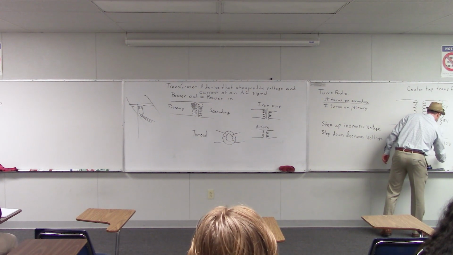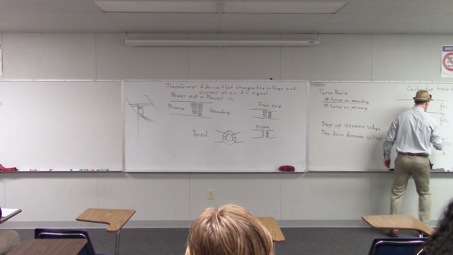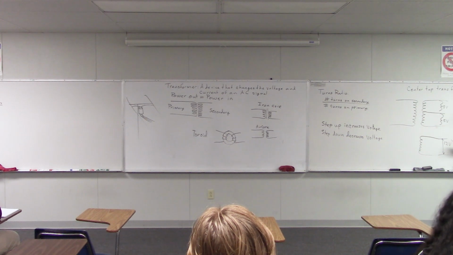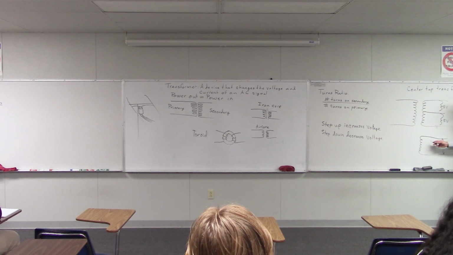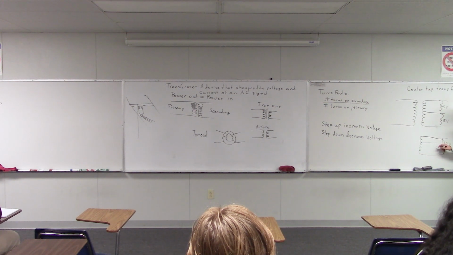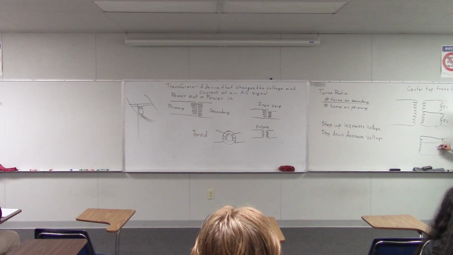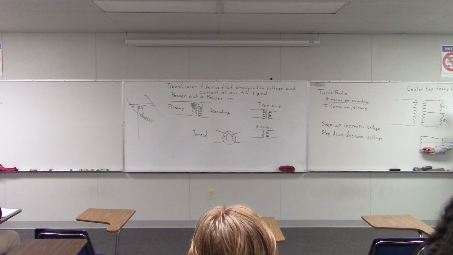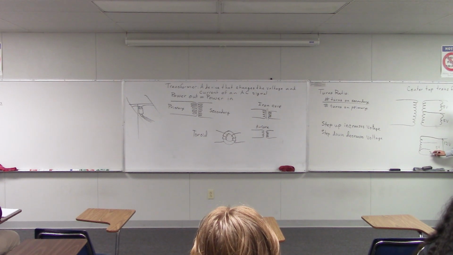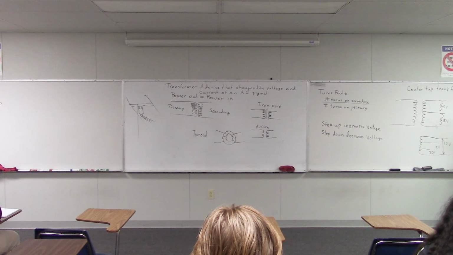You would arrange it so that you got 12 volts out of the whole coil. But then you wanted 5 volts for one of the other components. So you could put a tap in there that gave you close to 5 volts, and then another a little bit lower that was 3.3 volts. So you can put these different taps in there to give you the voltages that you need.